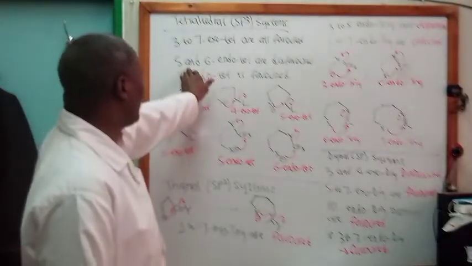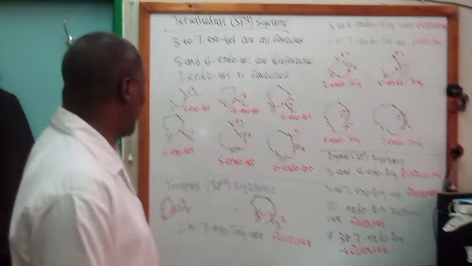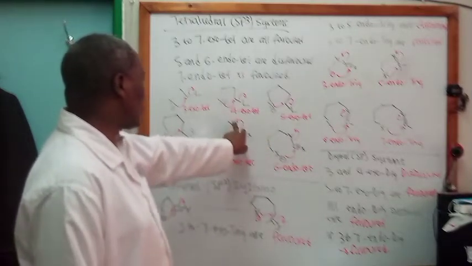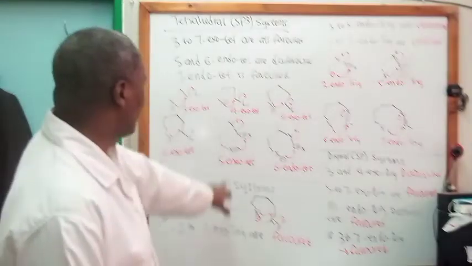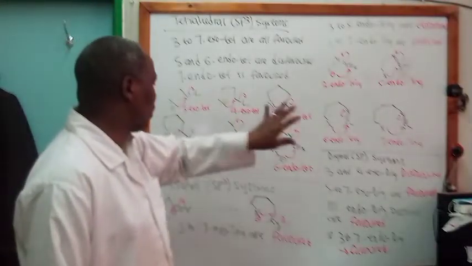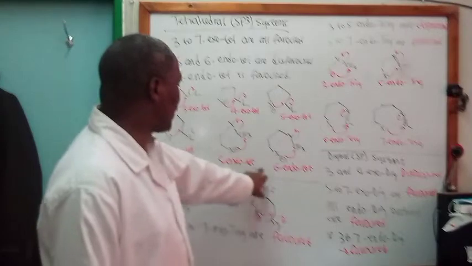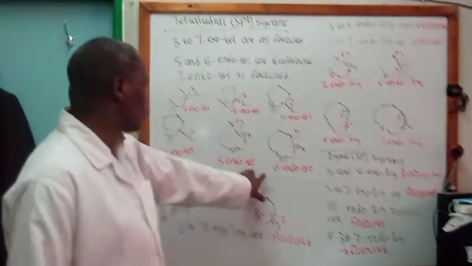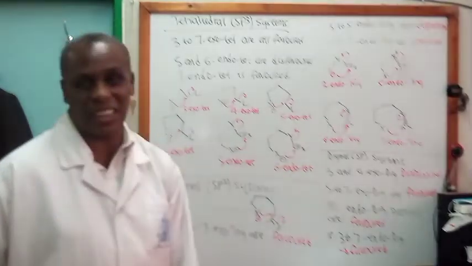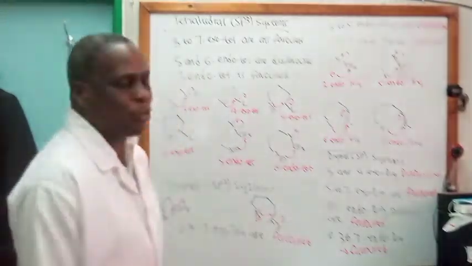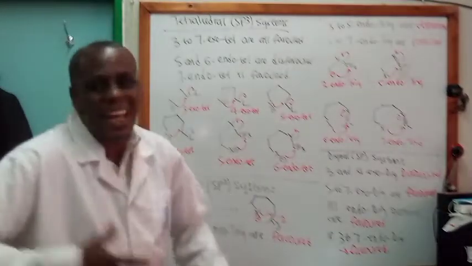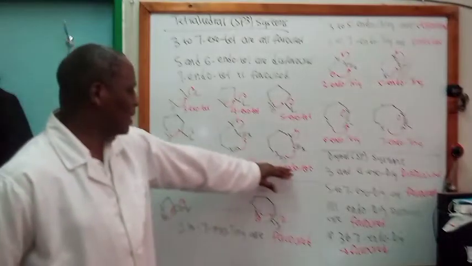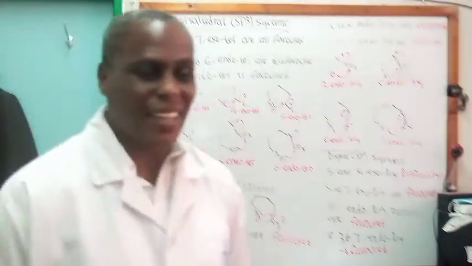And then if you're getting a case whereby the group which will be receiving electrons, the electrophile, is inside the ring which is forming, a 5 or 6 membered ring, we're going to call that endo tet, 5 and 6 endo tet.